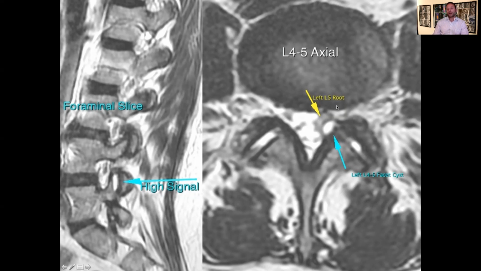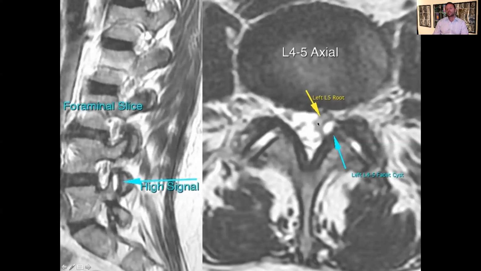Now, what I was expecting to see was this disc potentially leaking just here and compressing this grey structure, which is the descending L5 nerve root. You can see on the right side that the nerve root is not being compressed.